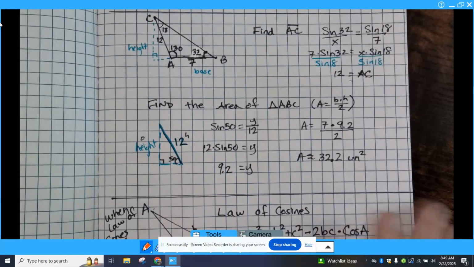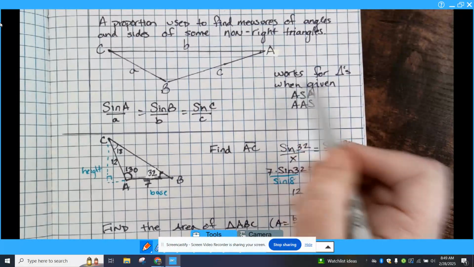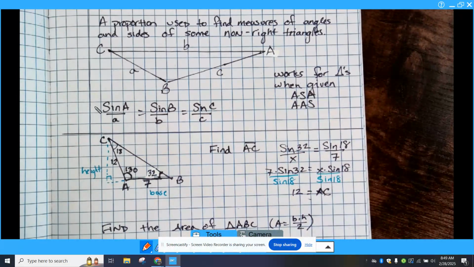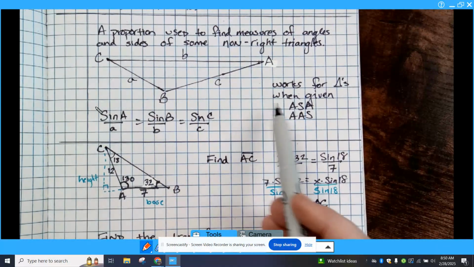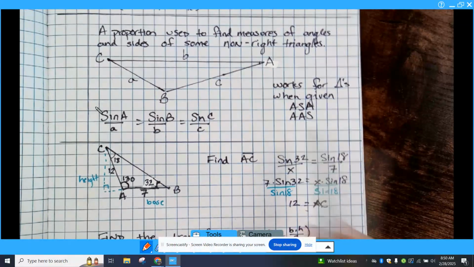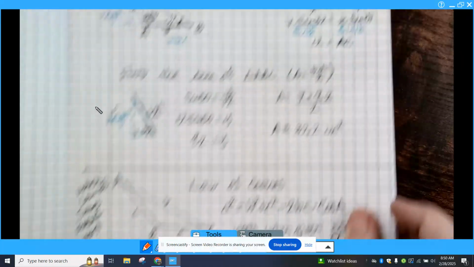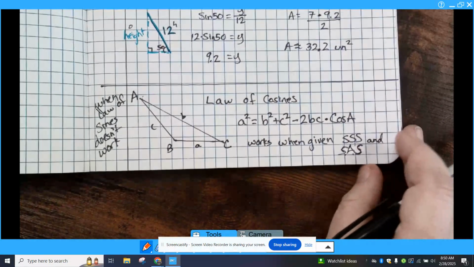Okay, the last one is, up here I said it only works for certain triangles. I do want to give you the other way to find the sides of a triangle if it's a non-right triangle where you're not given these, which is called the law of cosines, and this is it.